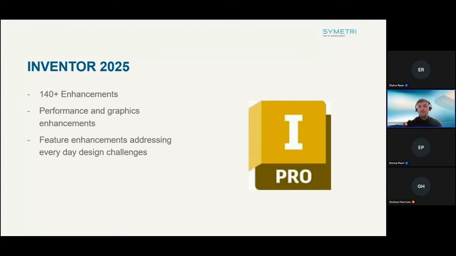As with every release, Autodesk look at combating everyday design challenges, so we're going to have a look at the features addressing that theme. And again with every release, the performance and the graphics of the software have also been enhanced. So when we look at our general enhancements, we'll look at some of the areas that have been improved there as well.